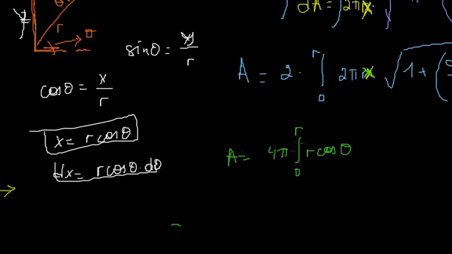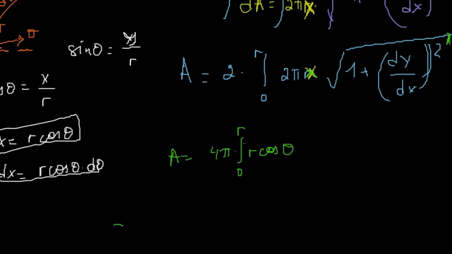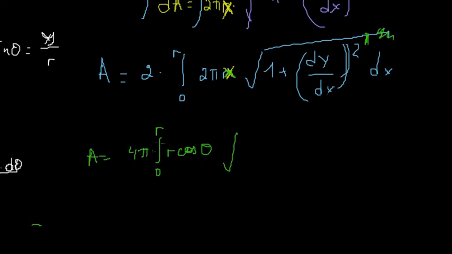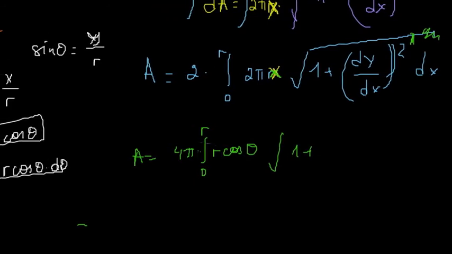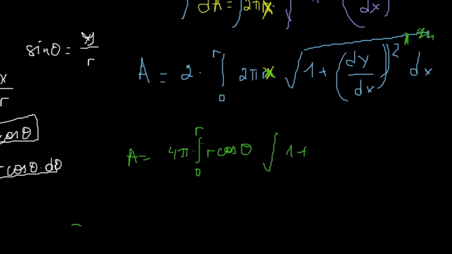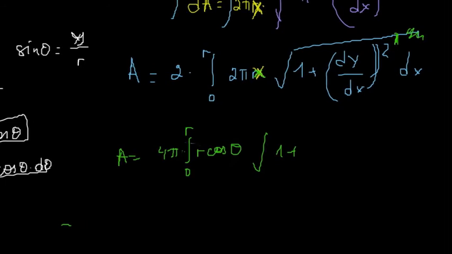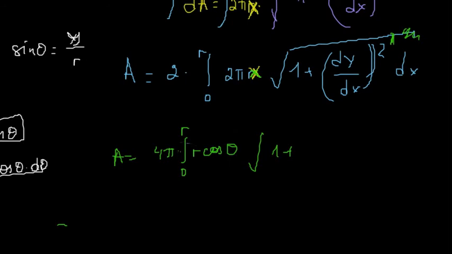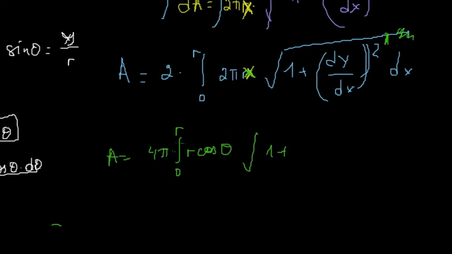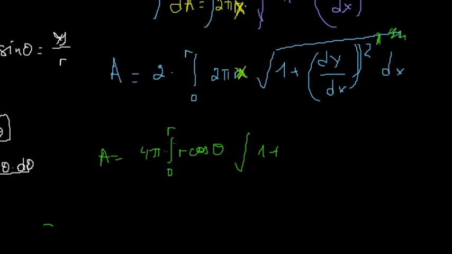We are saying that x equal to r cosine of theta, square root of 1 plus dy, we said that the dy divided by dx squared. I think that I'm doing something wrong, but I don't know what exactly.